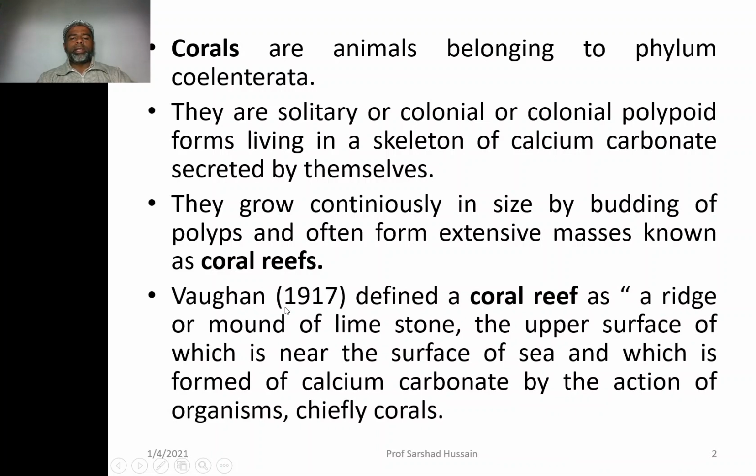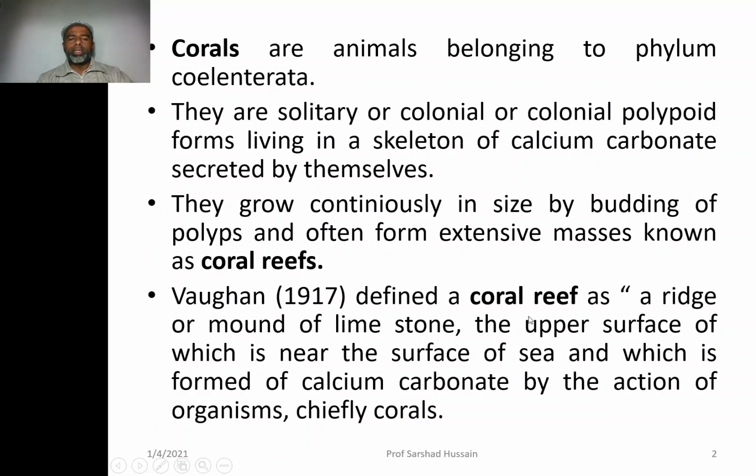Vaughan 1978 defined a coral reef as a ridge or a mound of limestone. Why mound of limestone or ridge of limestone? Because the corals have the exoskeleton in the form of calcium carbonate. So once they form a ridge or stone by continuously growing, they form the stone which may be made up of the calcium carbonate, the upper surface of which is near the surface of the sea.